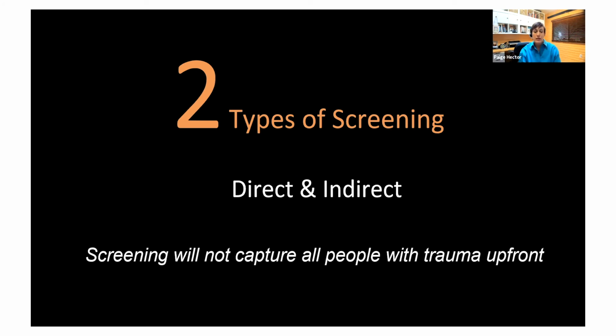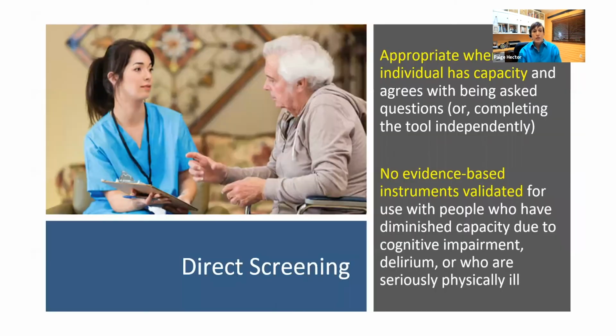This makes it important that we continue to keep trauma screening at the forefront of all of our dialogues, our discussions in our interdisciplinary team meetings, our morning meetings or stand-ups, or care conferences, or just general interactions. So direct screening is most appropriate when the individual has capacity and they agree to being asked questions.